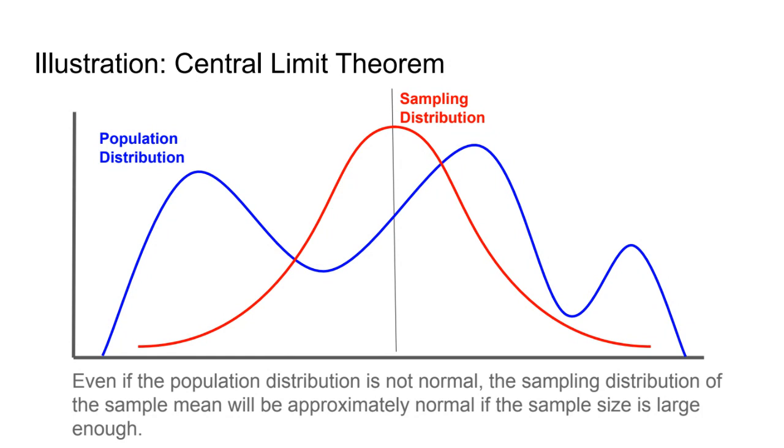Then we can ask, what is the probability that we select someone from the population between this and this age? And that will then be given by the area underneath the density curve for the population distribution, the green area.